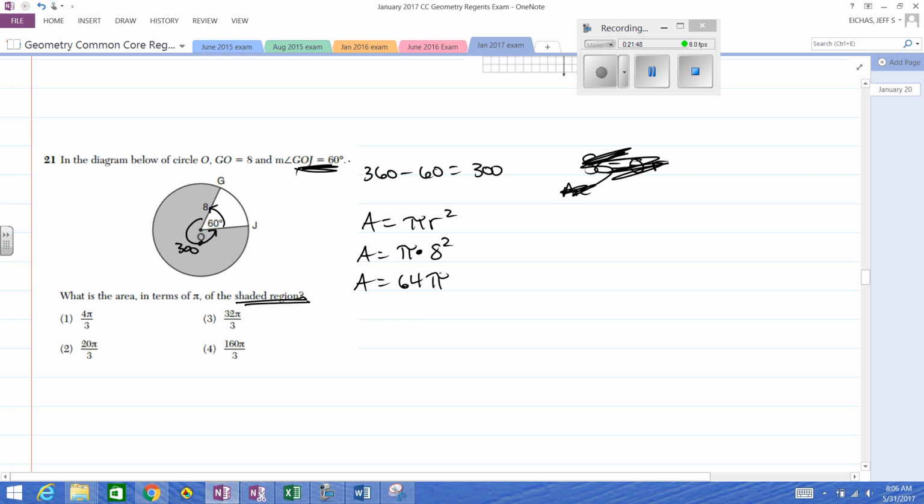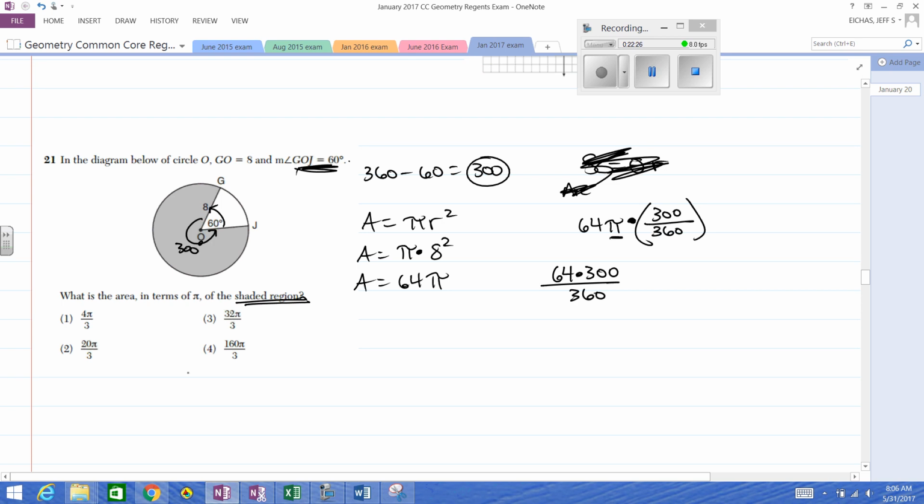Now for these area of a sector problems, there's a couple ways to do it. Proportions work great, but if you just understand the idea that we're not going around the whole circle, we're only going over 300 degrees out of 360. So 64 pi is the full circle. But if we're only going 300 out of 360, we can multiply by that fraction. Now, in your calculator, type in 64 times 300 over 360.